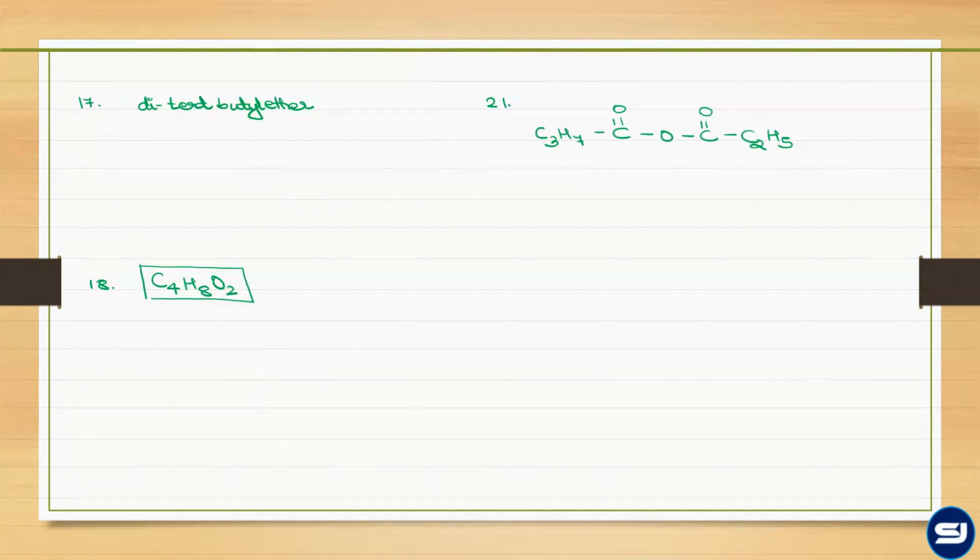Next, 17th. The correct IUPAC name of di tertiary butyl ether. So what is a tertiary butyl group?